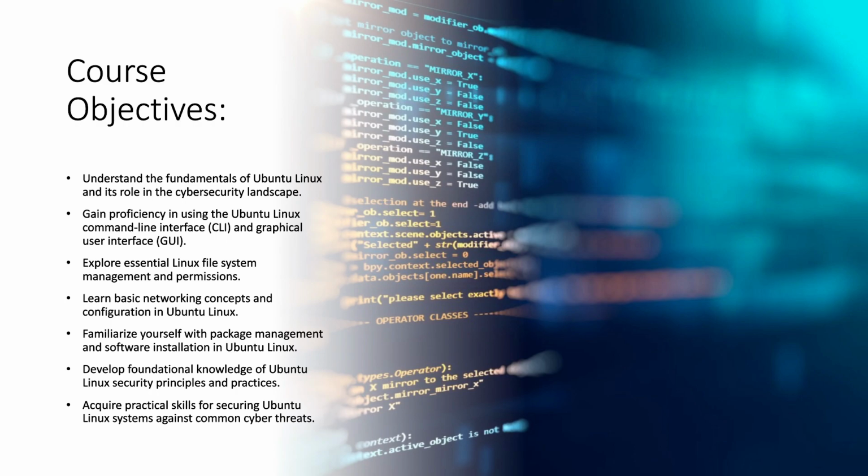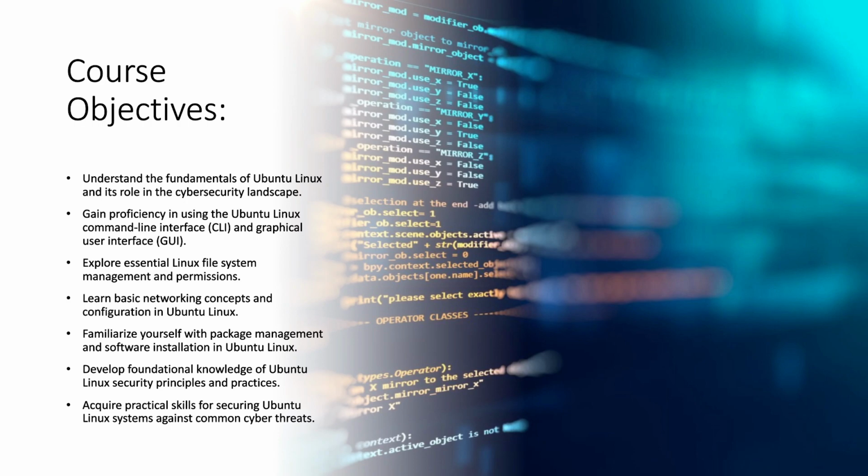When you complete the course, the course objectives are to understand the fundamentals of Linux and its role in cybersecurity, gain skills in the Ubuntu Linux command line (CLI) and graphical interface (GUI), basic networking concepts and configuration, and IP addresses and networks in Ubuntu Linux.